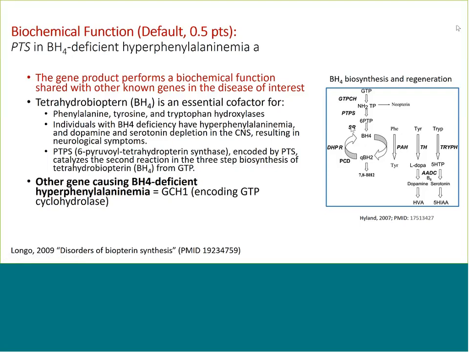And it's interesting that patients with sepiapterin reductase deficiency don't actually have these features, but what's been shown is that the function of this enzyme can actually be taken over by other enzymes. So that's why these patients don't have similar features to those with the deficiencies in the first two steps of the pathway. Anyway, I felt that this evidence was appropriate for giving default points.